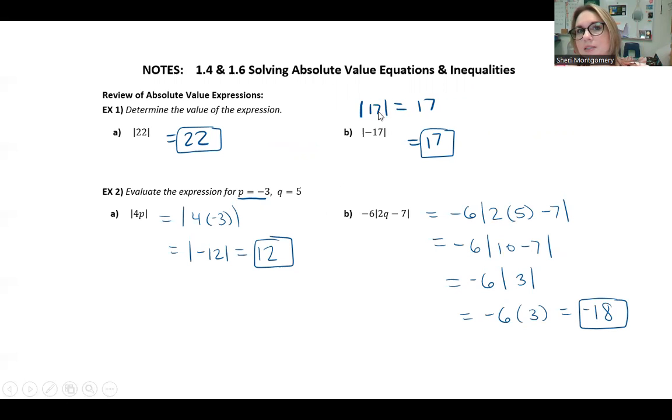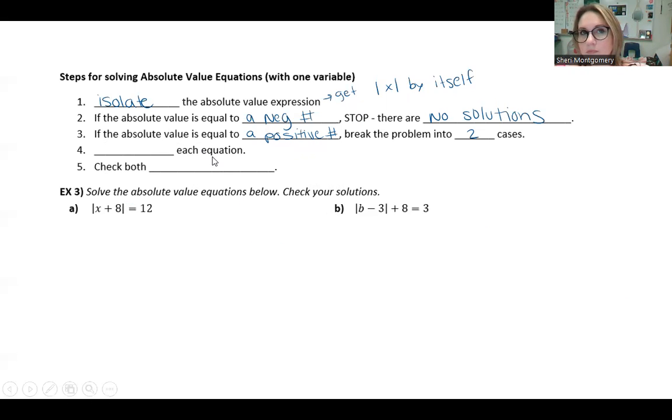Because this says that the absolute value of 17 is 17. The absolute value of -17, it's also 17. So that's why we have to break it into two cases. Once we break it into two cases, we will solve each equation.